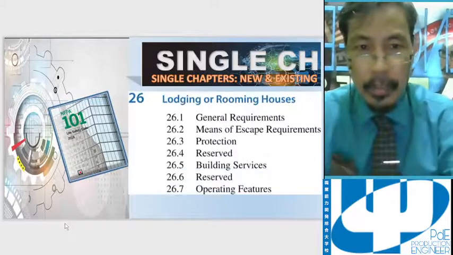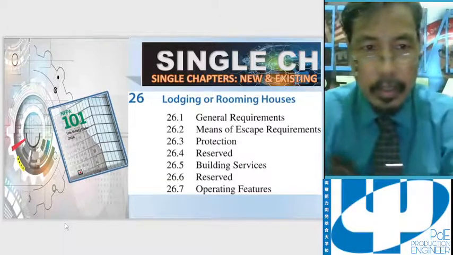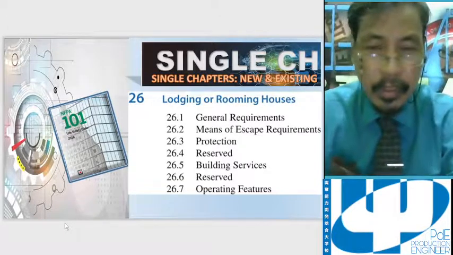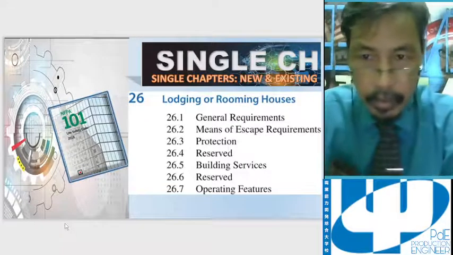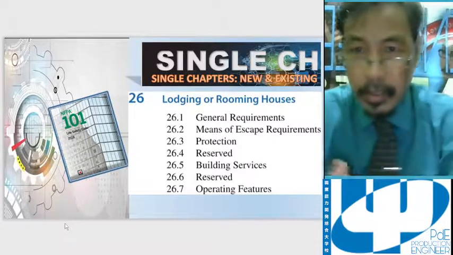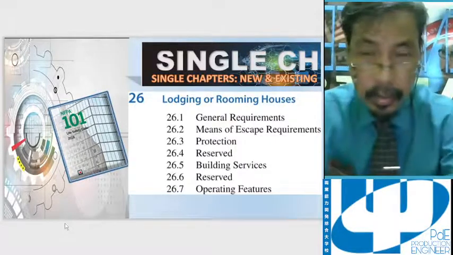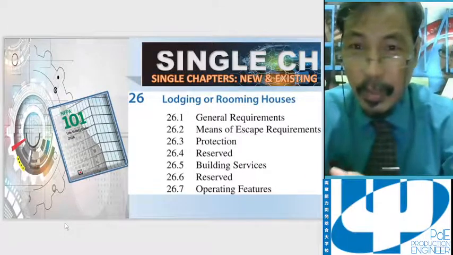Okay, let us go to the next one, which is chapter 26, which includes both the new and existing in this chapter. Lodging or rooming houses. Section 1, general requirements. Section 2, means of egress. Section 3, protection. Section 4, reserved, so there is no special provision again.